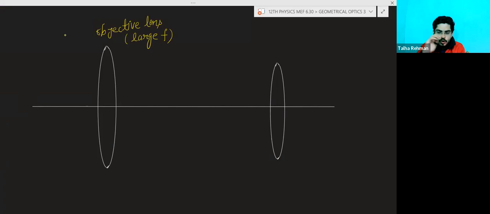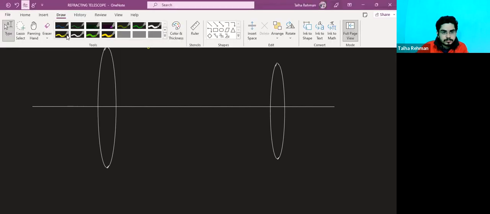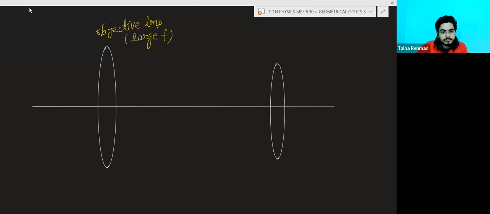Now, the object that you want to see is at infinite distance, very large distance from you, like the moon, stars. And we know that when the object is at infinity, rays from that object are parallel. So suppose parallel rays are coming, and this is the optical center. So parallel rays are coming, suppose like this.